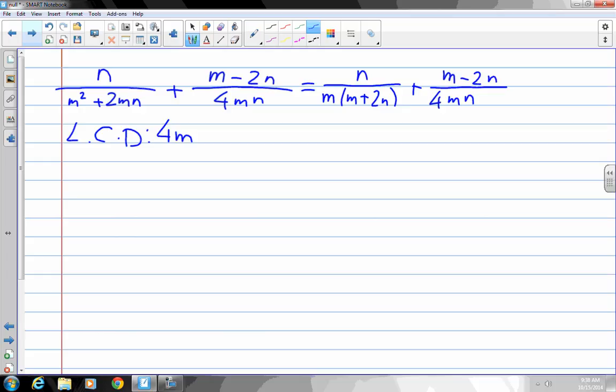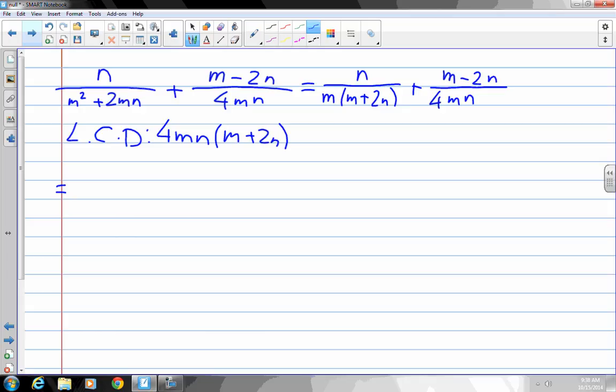So I need an m just once, because you're just taking the highest powers. Then I see a single n that goes in, and then I have m plus 2n that goes in as well. So again, you're pulling together all distinct factors raised to the highest powers that you see. That was the concept of the least common denominator.